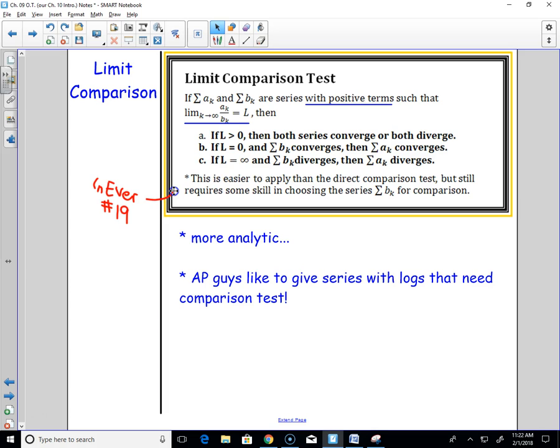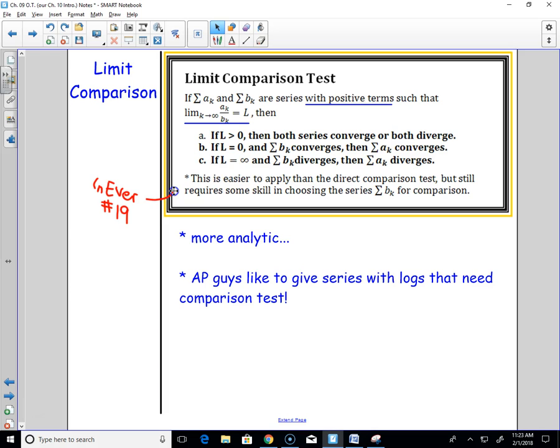Pause, this ties the two comparison tests together. If the limit equals 0, I want to figure out this guy, I'm dividing by that guy. If the limit is 0, the bottom wins. If the bottom wins, think stronger, I need the stronger to converge and squeeze in. If the stronger diverges, well, I don't know what the weaker one's doing. Is he following? Maybe.